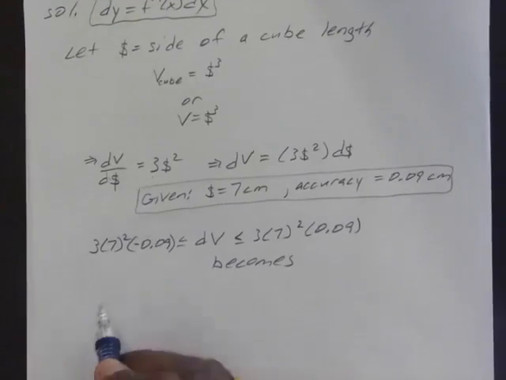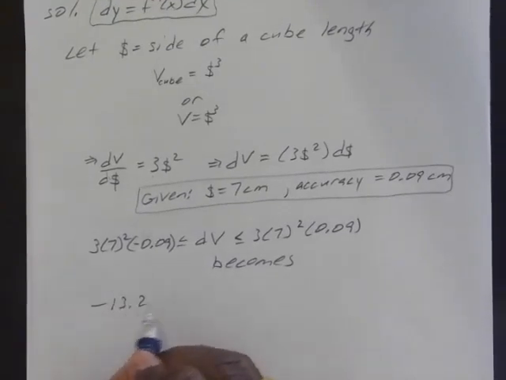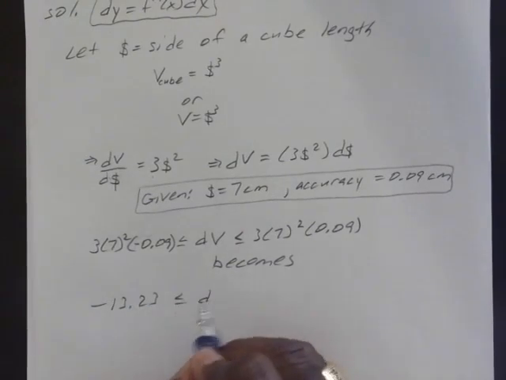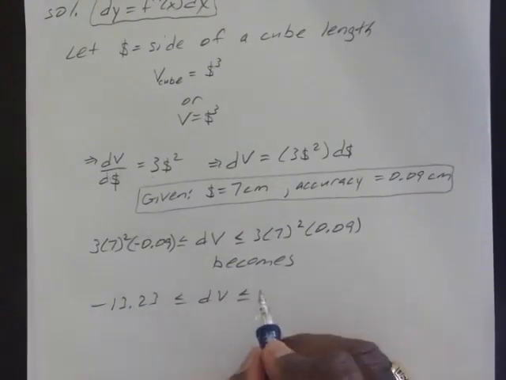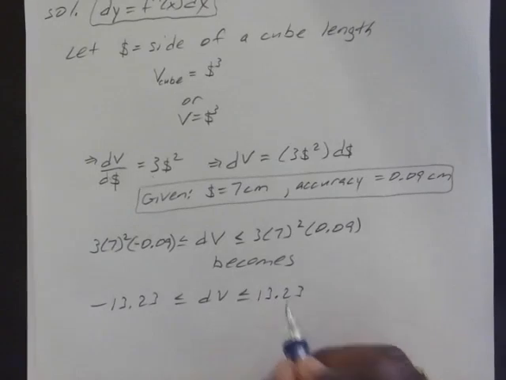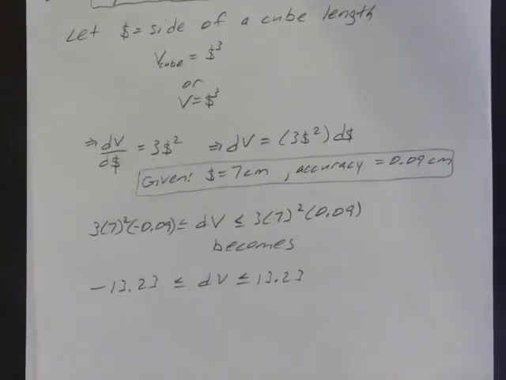Okay, so if you plug that into your calculator, you get negative 13.23 and 13.23. So the error is within plus or minus 13.23.